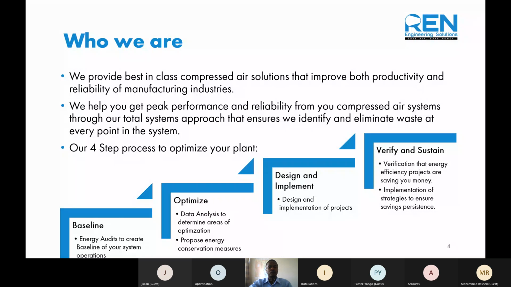And lastly, we verify and sustain any savings or improvements that you make in your system through methods of verification and sustaining, such as compressed air energy monitoring and other systems related to that.